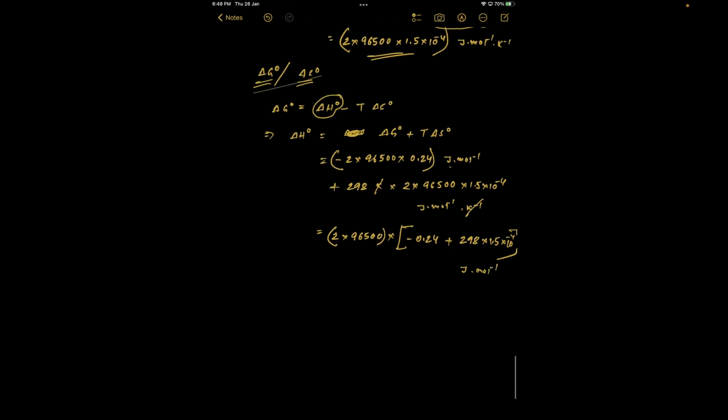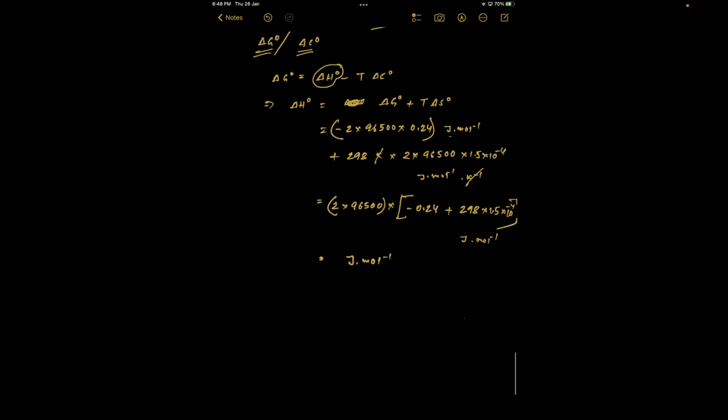Okay, so if you solve it, you can get the value of ΔH0 in joule mole inverse unit. Remember that whatever the value is in joule mole inverse unit, here in this question it is asked to compute the ΔH0 value, that means enthalpy change, in kilojoule mole inverse unit. So basically you know that 1 kilojoule equal to 10 to the power 3 joule.